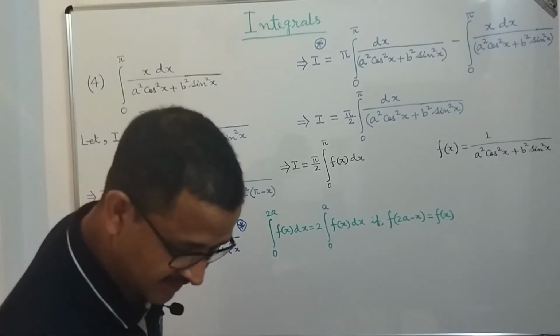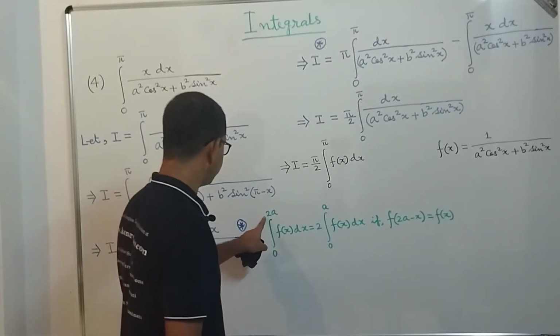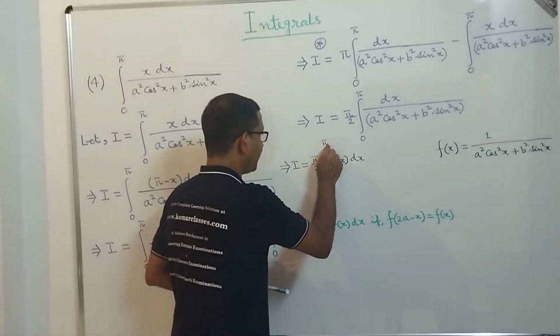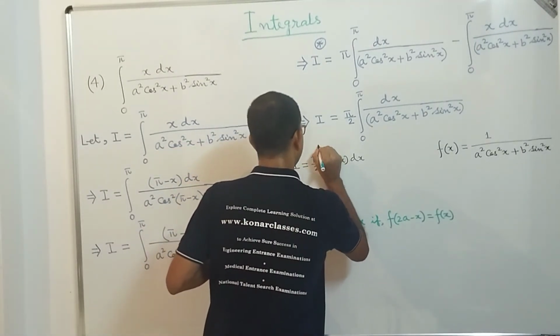Now if we apply this rule, what we are going to get? Instead of 2a, we write here 2 into pi by 2.